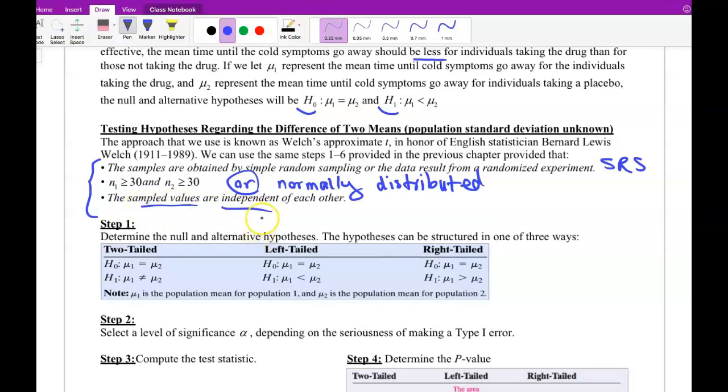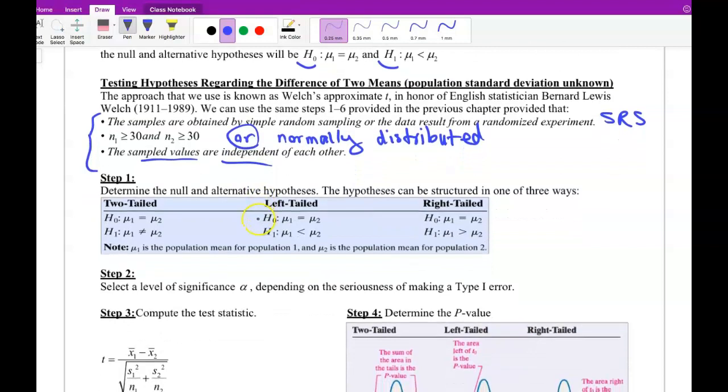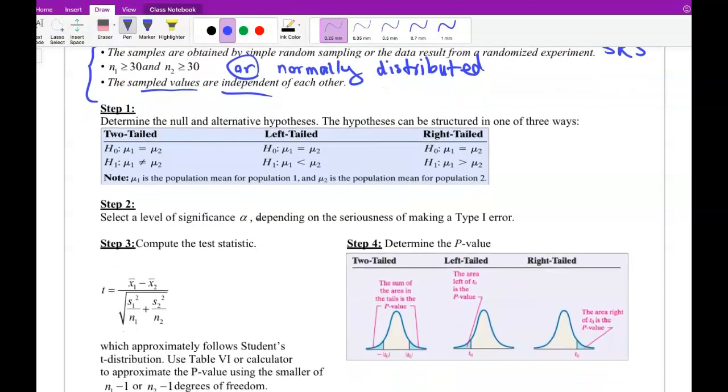After these requirements, we start all these 6 steps again. The first part is finding the null and alternative hypotheses. Again, for the null we have equal to on top.